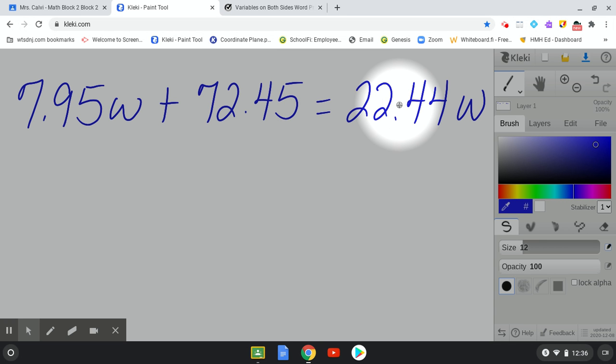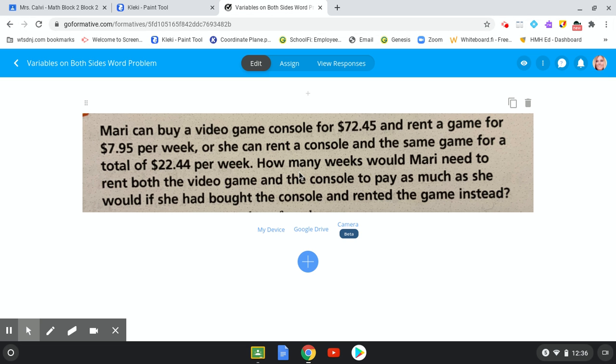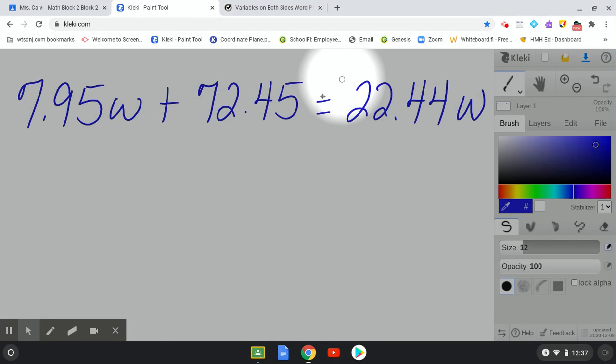Or her second option is the console and the game total for $22.44 per week. So we're going to make these two options equal to each other. And then it's asking us to find out how many weeks Mary would need to rent both the video game and the console to pay as much as she would if she had bought the console and rented the game instead. So basically all we're doing now is solving this word problem.